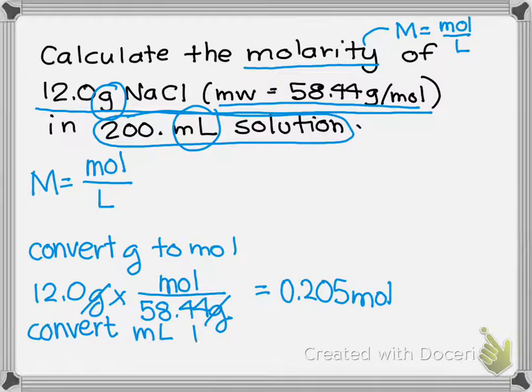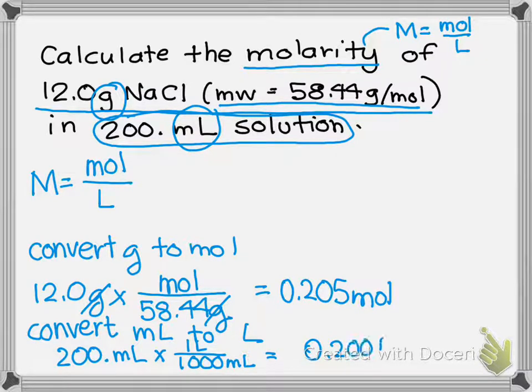And then, because I was given milliliters, I need liters for molarity. So milliliters to liters. It's 200 milliliters. I'm going to divide it by 1,000 because there's 1,000 milliliters in 1 liter. And I get 0.200 liters. So I take the moles that I calculated and I divide it by the liters of the solution.